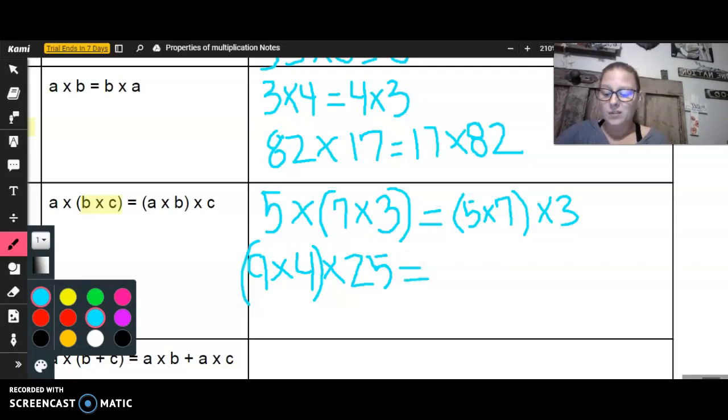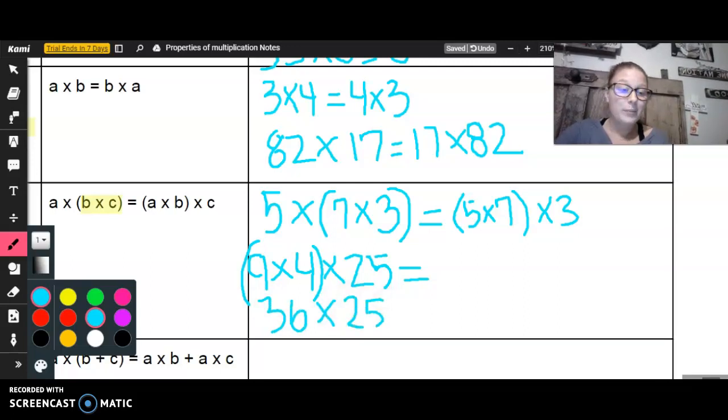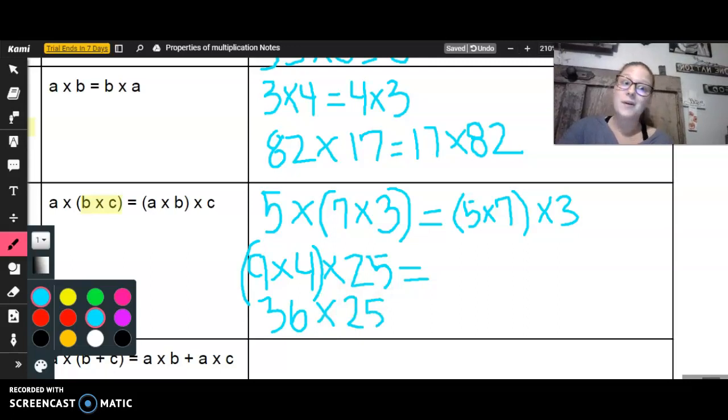We know that 9 times 4 would be 36, and then we'd have to do 36 times 25. This is a big problem for us to do in our head. I know I can't do it. I would need my calculator. But I wonder if we could rearrange it so we could do it in our head.